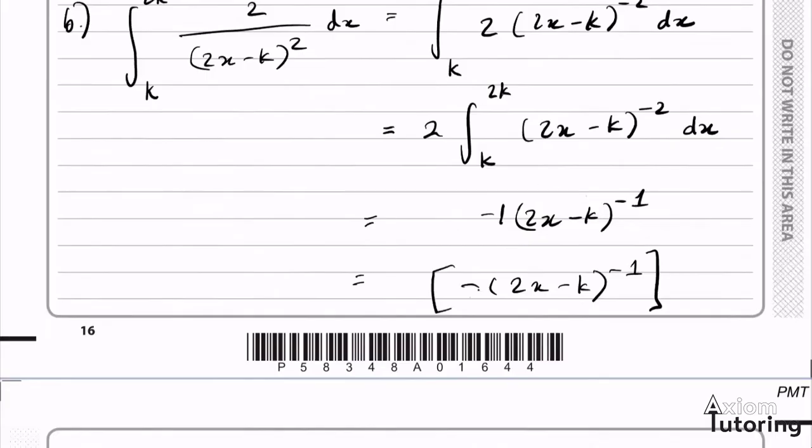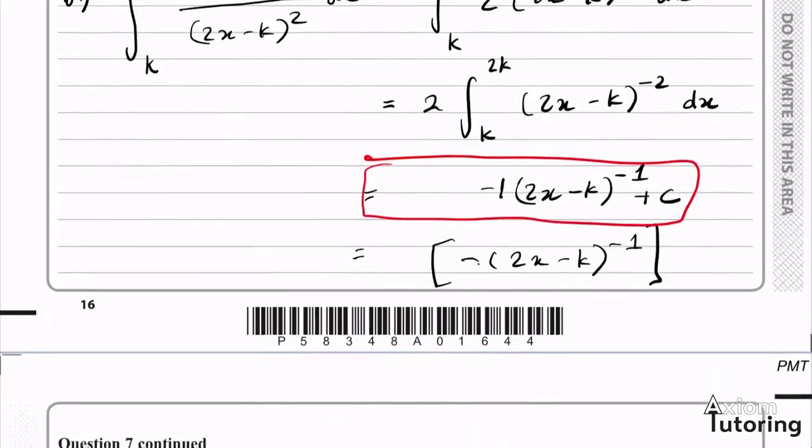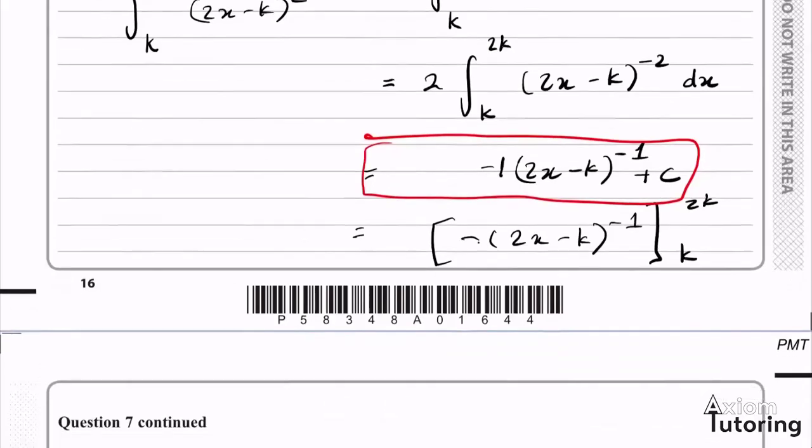And we're evaluating it. So this is a working step. This is not actually our answer there. That was us sort of working through it. And technically, we'd want a plus c if we're not including the limits. But we're evaluating this between 2k and k.